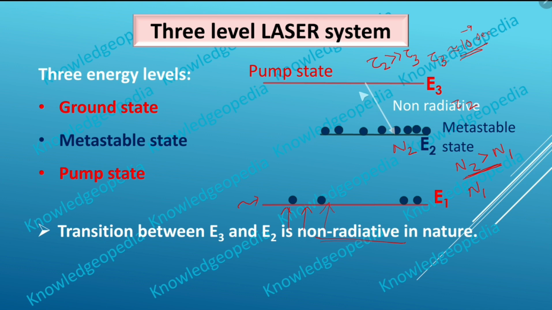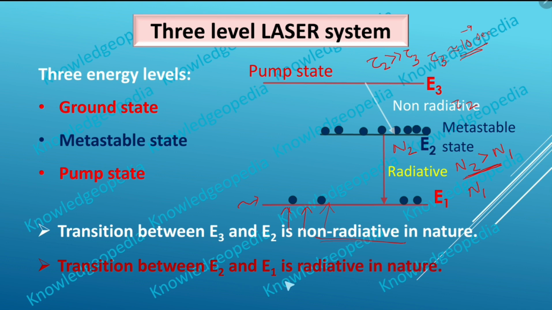Here it is non-radiative, but the transition which occurs between energy states E2 and E1 is radiative in nature. So when a single atom is coming down, it is radiative, which means it will emit a photon whose energy is equal to E2 minus E1.